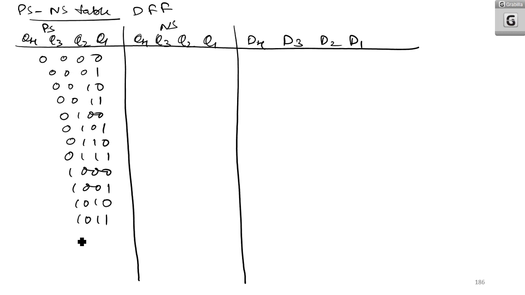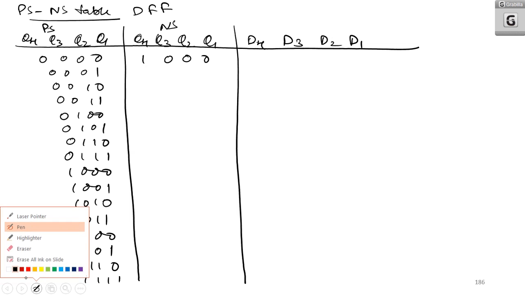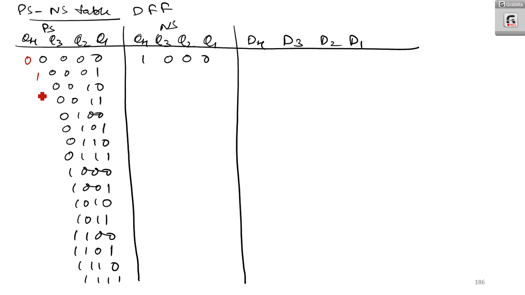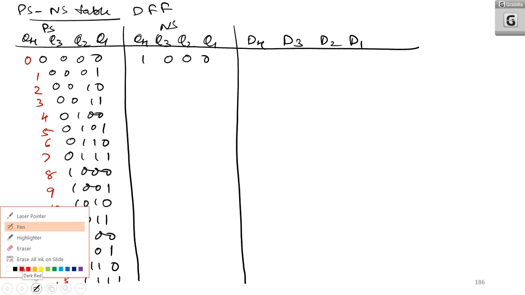That is 1, 1, 0, 0, 12. Now comes to 13. 13 is 1, 1, 0, 1. 14, 1, 1, 1, 0. 15. That is 1, 1, 1, 1. Now it is 0, 0, 0, 0. It should go to 8. That is 1, 0, 0, 0. So let me write the decimal equivalence of that first. So we get 0, 1, 2, 3, 4, 5, 6, 7, 8, 9, 10, 11, 12, 13, 14 and 15.